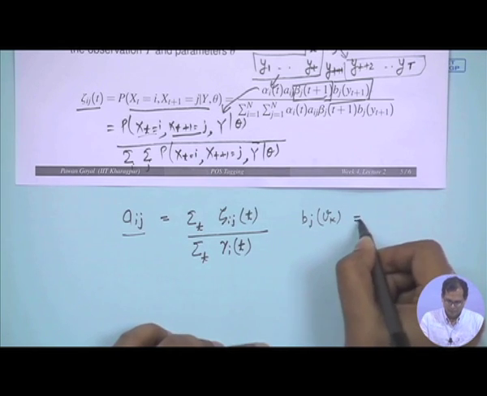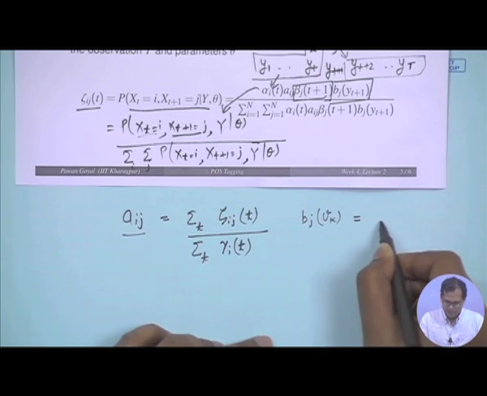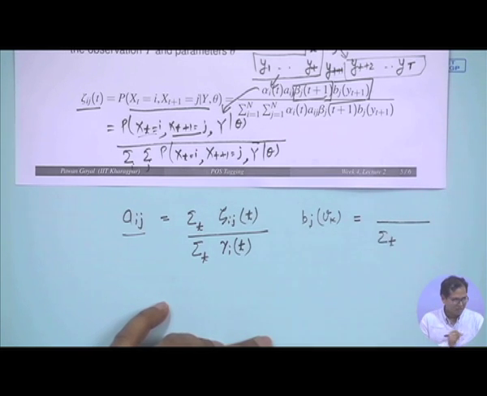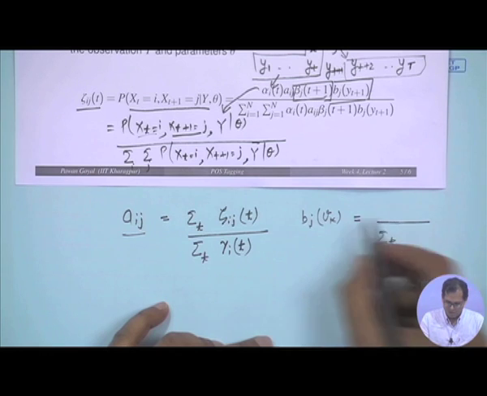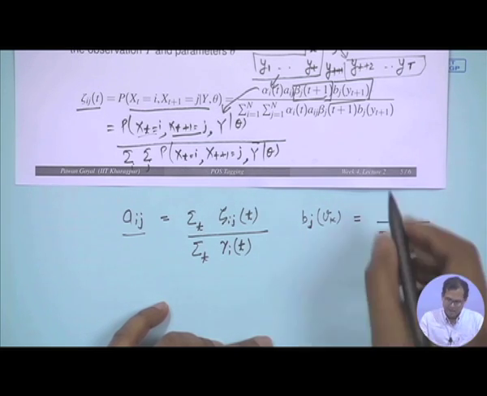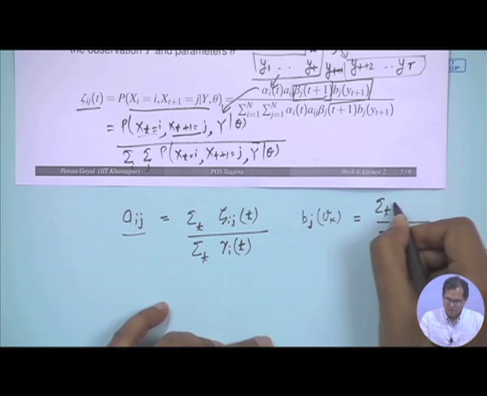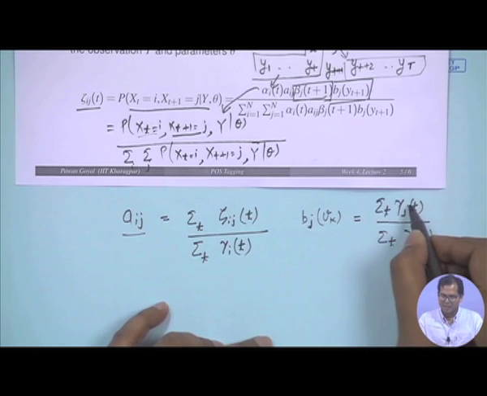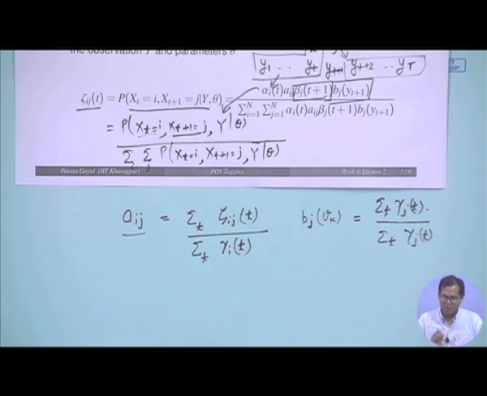So here the denominator is the number of times you are in state j. So this is gamma j(t). Numerator, the number of times or the probability that you are in state j and the observation is actually vk.